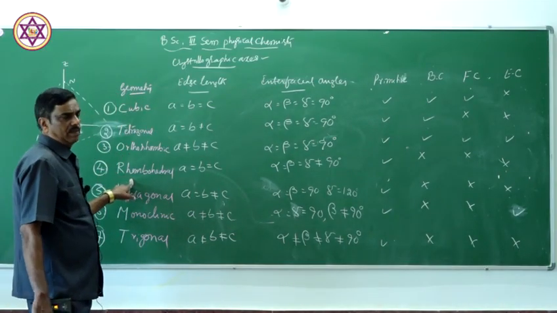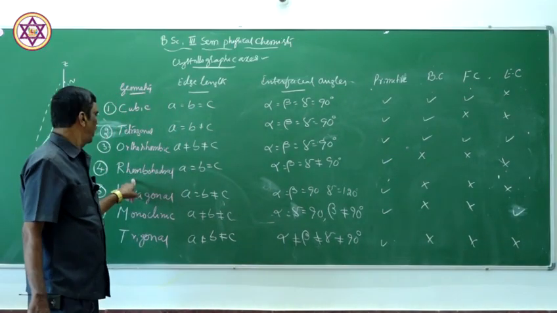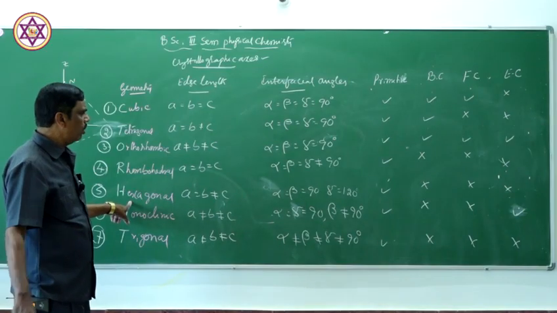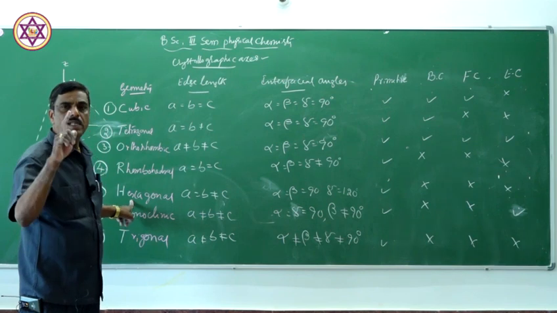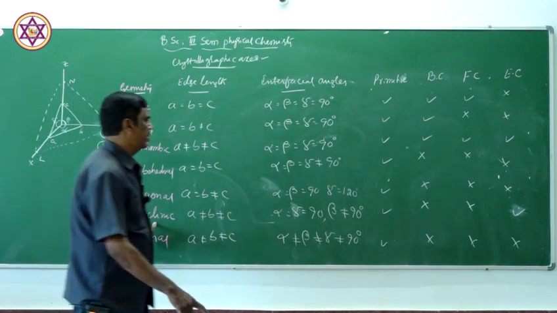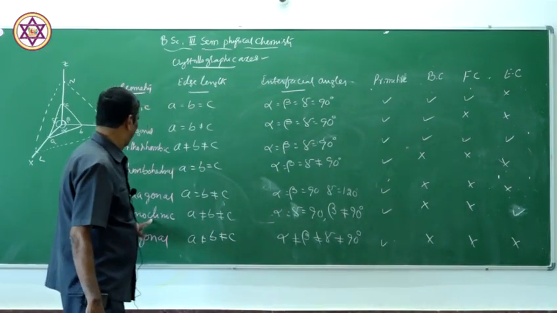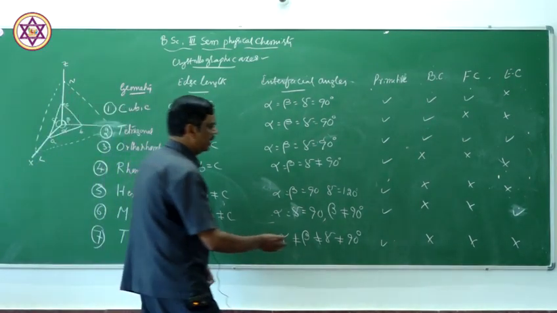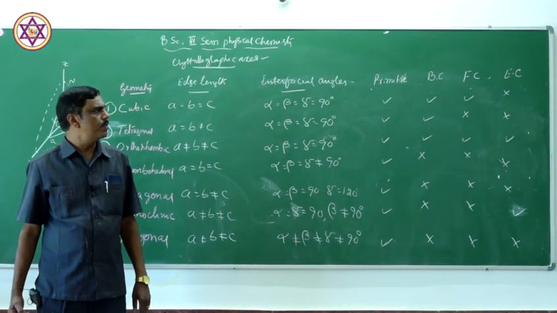In case of rhombohedral, only one type, only the primitive cell. In case of hexagonal, there is only one type of Bravais lattice, that is simple lattice, and in case of monoclinic, 2 types exist: one is primitive cell and another is edge centered monoclinic lattice. In case of trigonal, only one type, the primitive lattice.